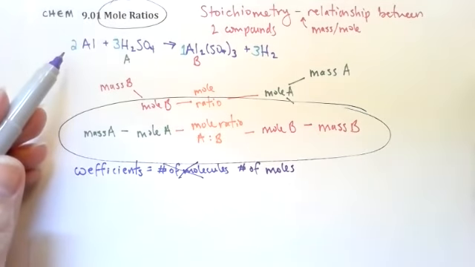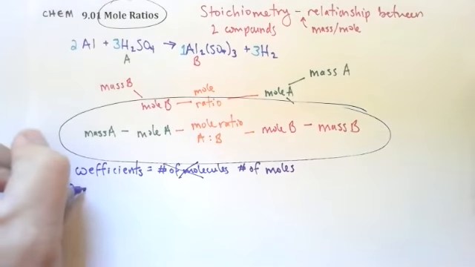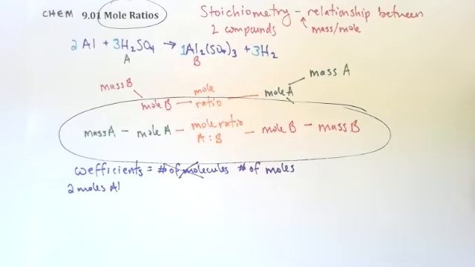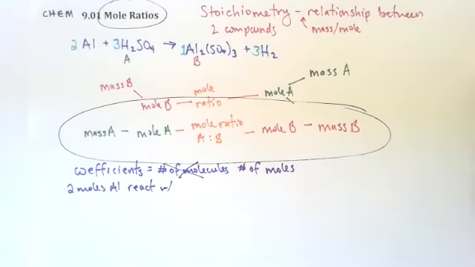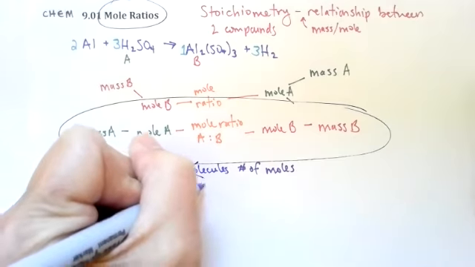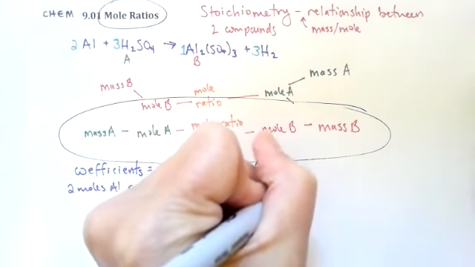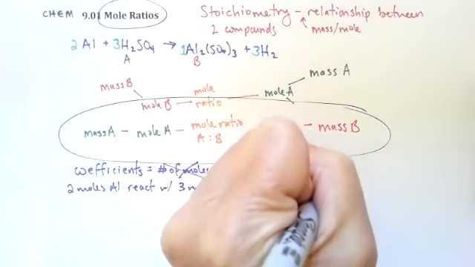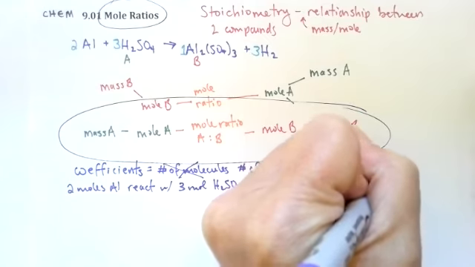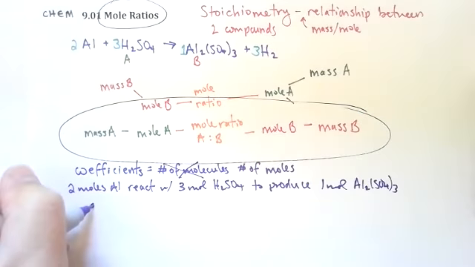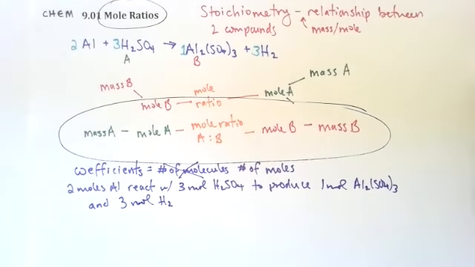Another way I could read this equation, and I'm going to write it out in word form, is that 2 moles of aluminum react with 3 moles of sulfuric acid to produce 1 mole of aluminum sulfate and 3 moles of hydrogen.